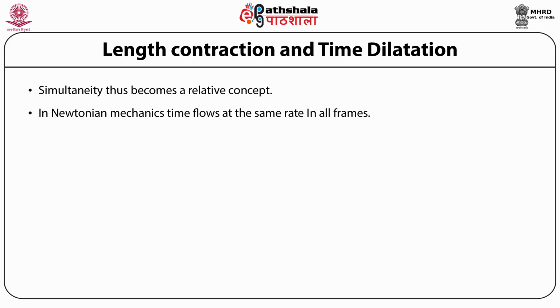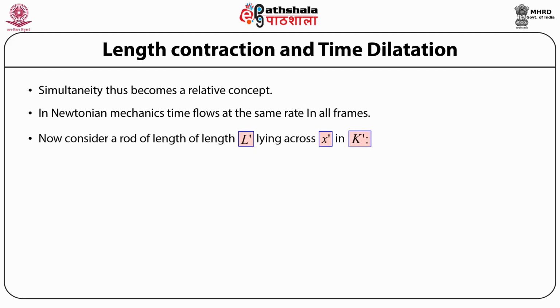So one of the basic experiments that we do is to measure the length of a rod in the K frame of reference and in the K prime frame of reference, and see what effect these measurements will have in these two different frames of reference.